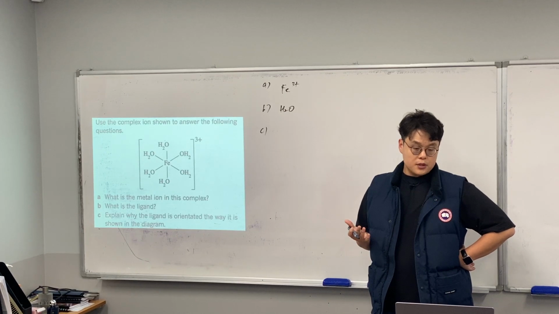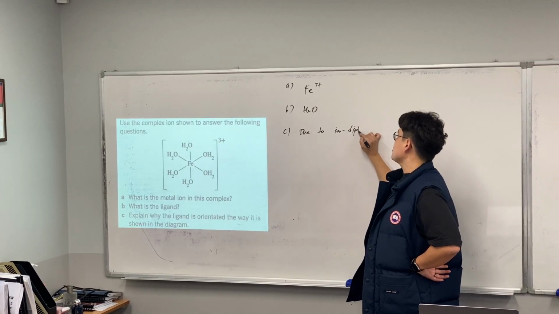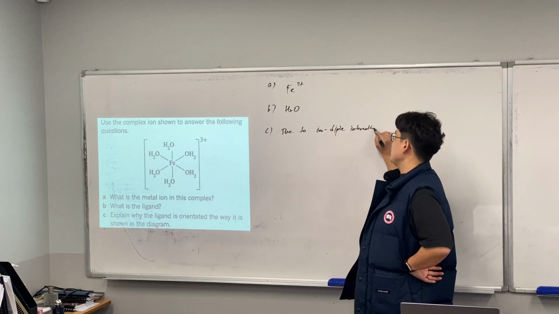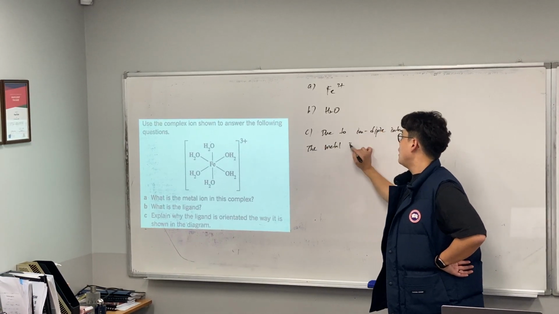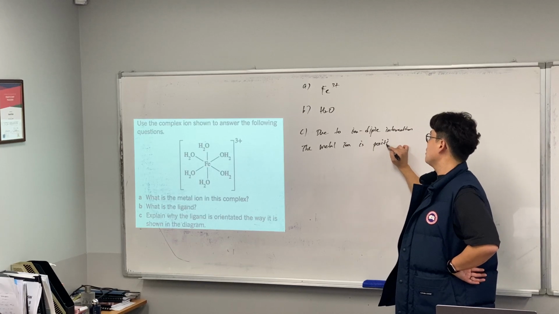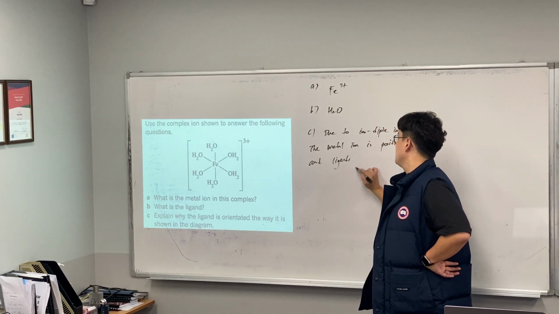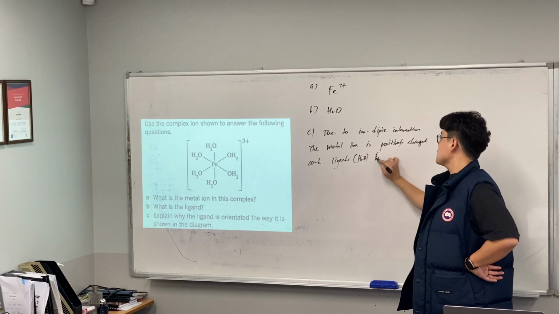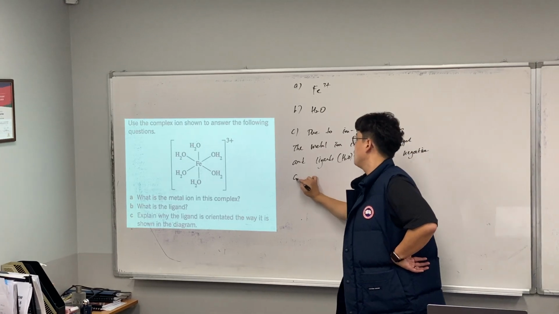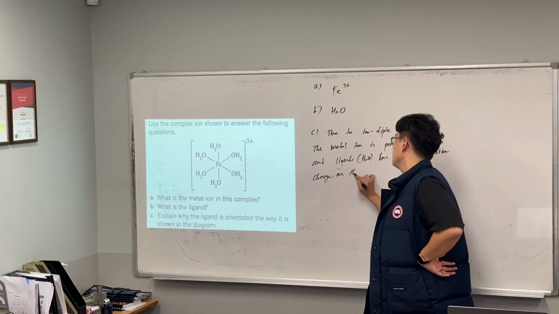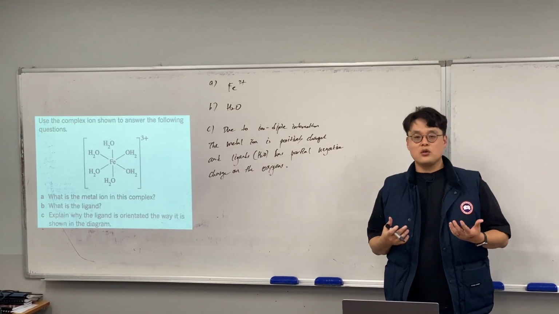It's actually forming due to the ion-dipole interaction, or dipole bonding, between them, where the metal ion is positively charged and the ligand, the H2O, has the partial negative charge on the oxygens. Therefore, the interaction between them involves the lone pairs.